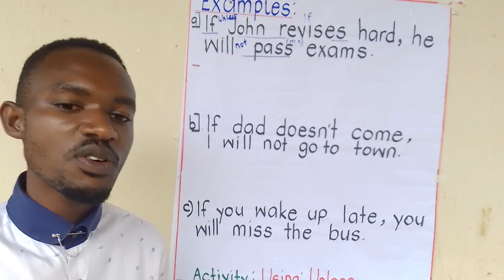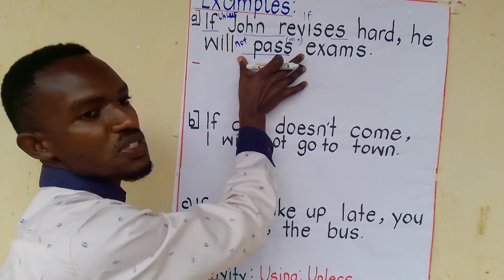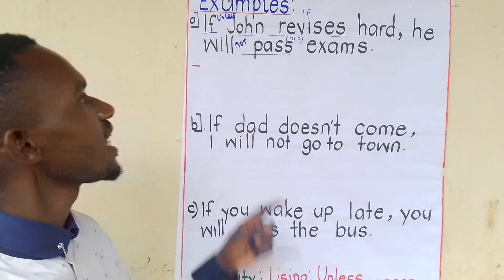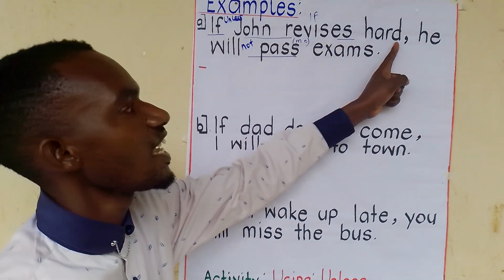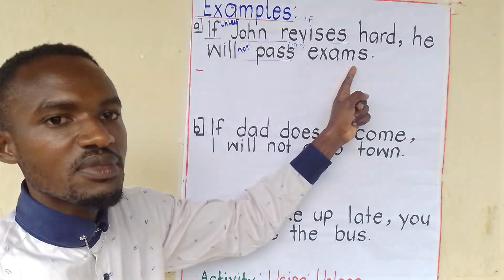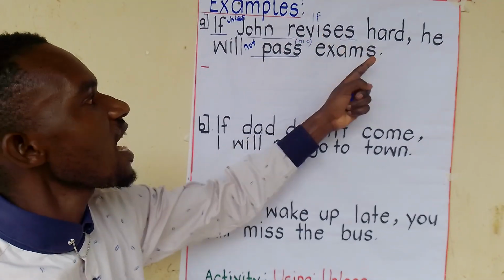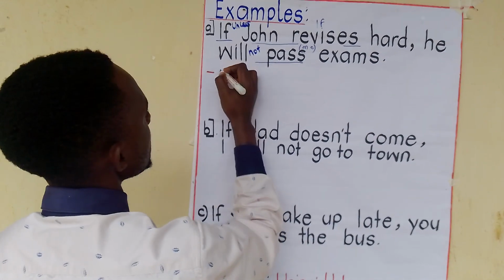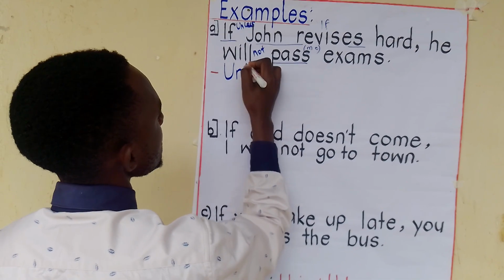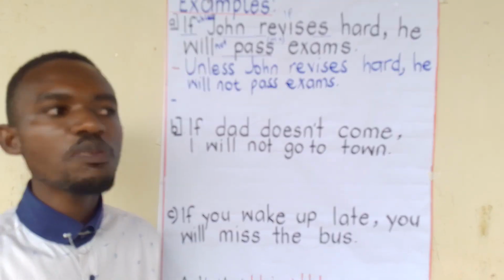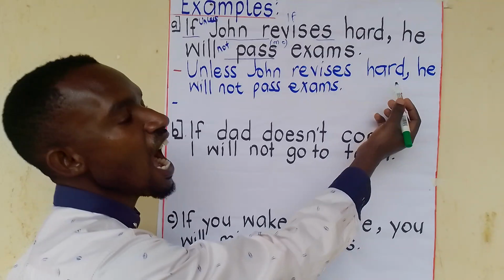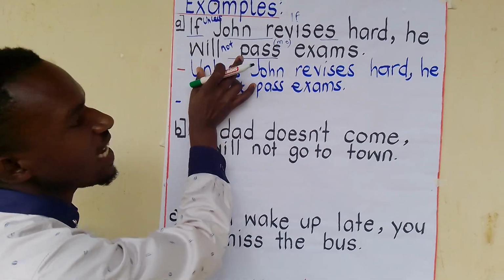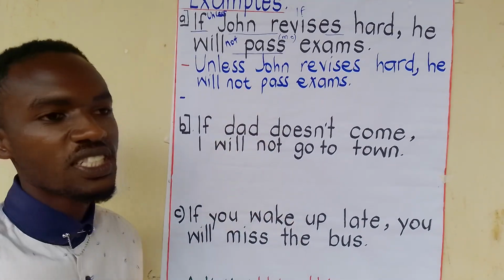And so our answer will be, unless John revises hard, he will not pass exams. We take out if, replace it with unless, and use not in the main clause.